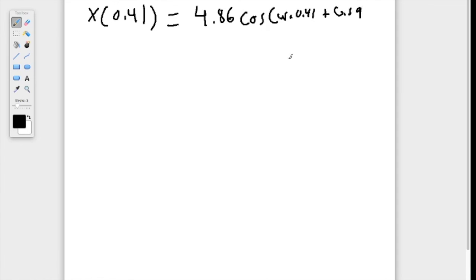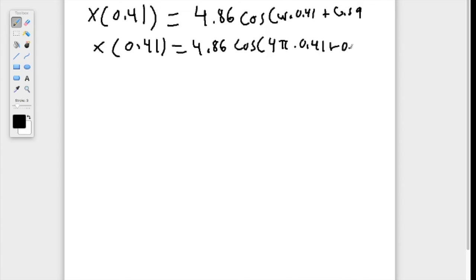And then the angular frequency is just 4 pi. So x of 0.41 equals 4.86 times cosine of 4 pi times 0.41 plus 0.39. And then you should get an answer of about 3.57 centimeters.